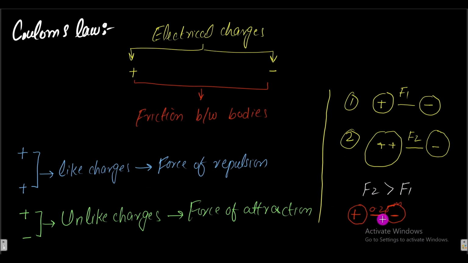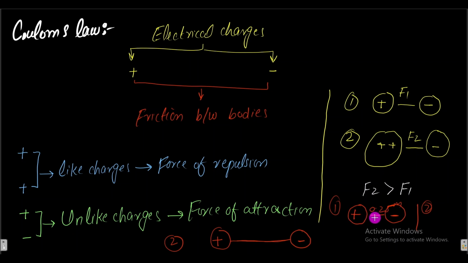On the other hand, I take the second scenario. This is the first scenario and this is the second scenario. Here I take the same positive charge and the negative charge, but in this case I have increased the distance between these two charges.